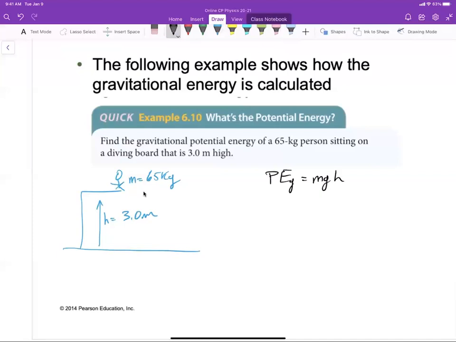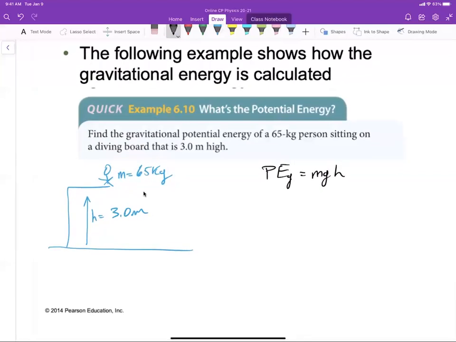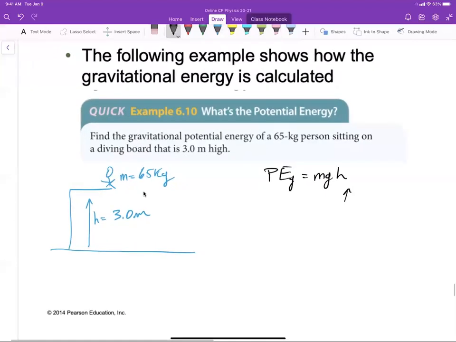So we've got to look at this equation a little bit closer. The m is the mass, and that is pretty straightforward. It's the mass of the person. g is the acceleration due to gravity on Earth, and we know that to be approximately 9.8 meters per second squared. And let's talk about the h. What is h? h is the height above or below the reference line, or zero potential energy.